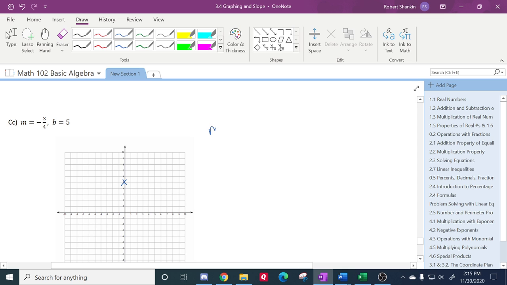Now when the slope is -3/4, you have to put that negative with one number or the other. Doesn't matter which one. So now this is the rise. So I'm going to rise -3.